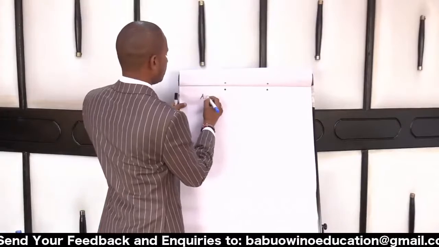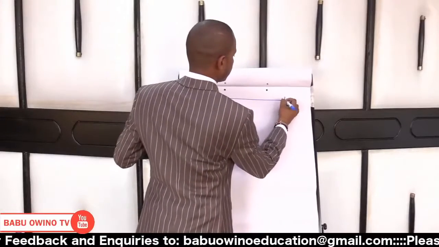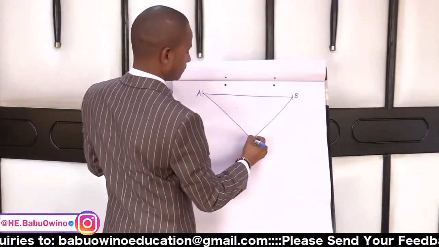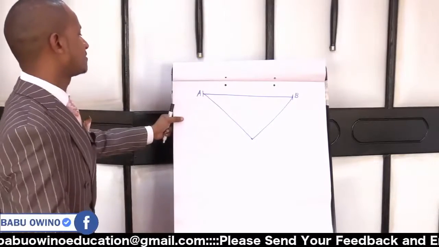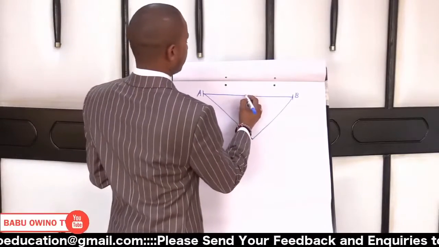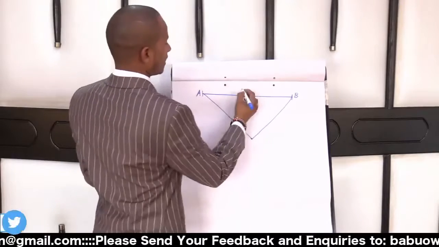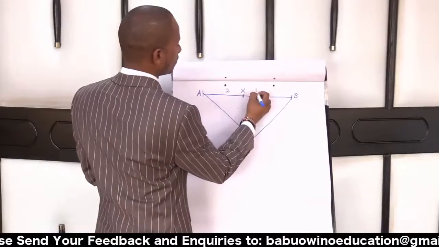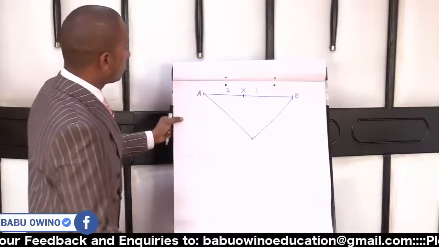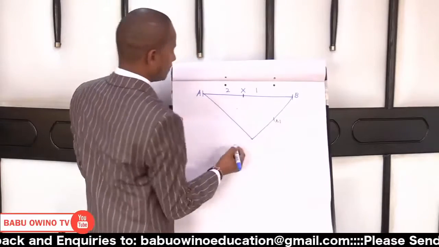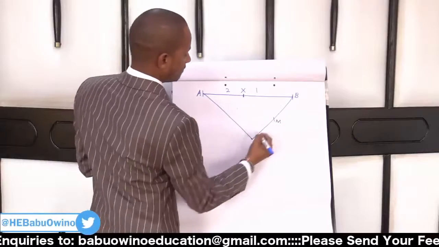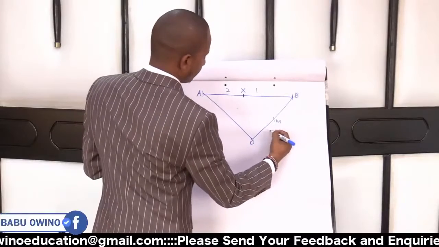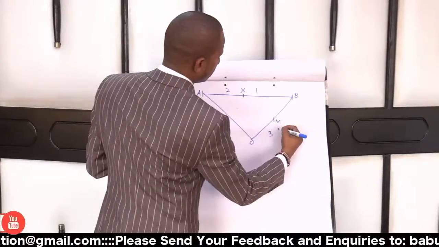So, A, B, concentrate here, class. You are told that a point X divides the line AB in the ratio of 2:1, while a point M divides line OB, this is O, in the ratio of, let's say, 3:4.